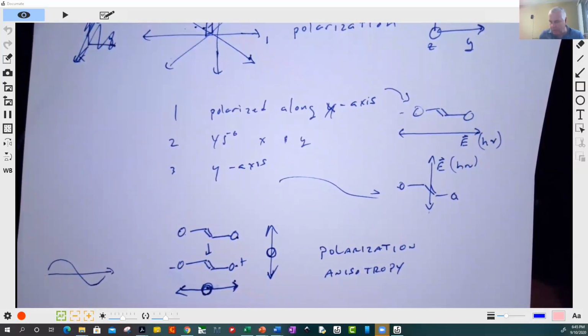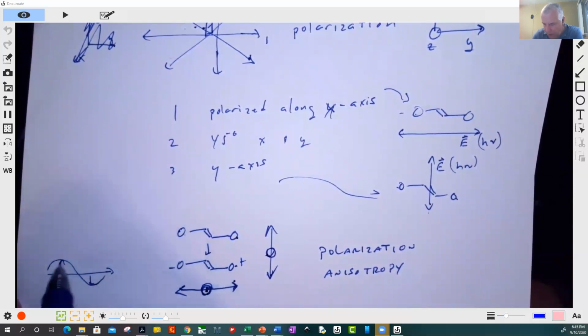Okay. So you get the part about the photon, in this case, going into the page, and in this case, going into the page? No. Okay. So you know how when a photon is moving from left to right here, the electric field intensity is going up and down, right?